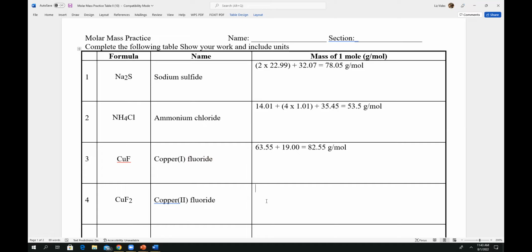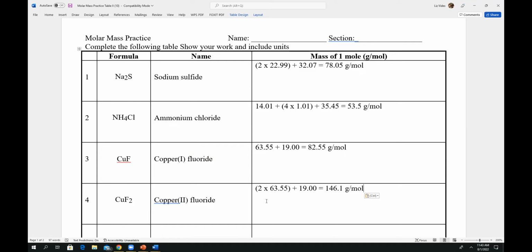Okay, so that's going to be 2 times, right? 63.55 plus 19, which is equal to 146.1. There you go.